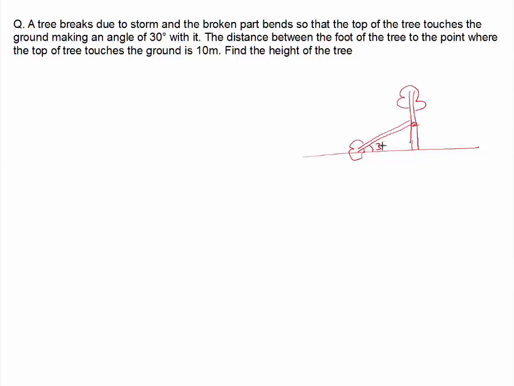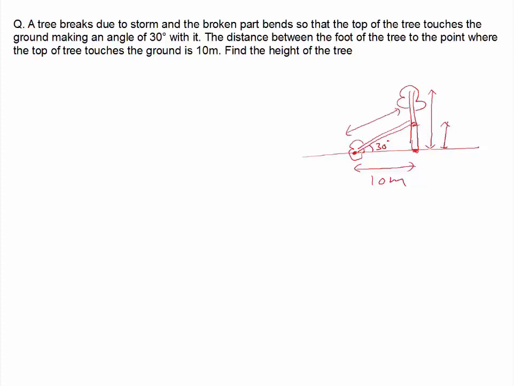Essentially this angle is 30 degrees. The distance between the foot of the tree and the point where the tree touches the ground is given as 10 meters. They're asking us to find the height of the tree, essentially this length plus this length.